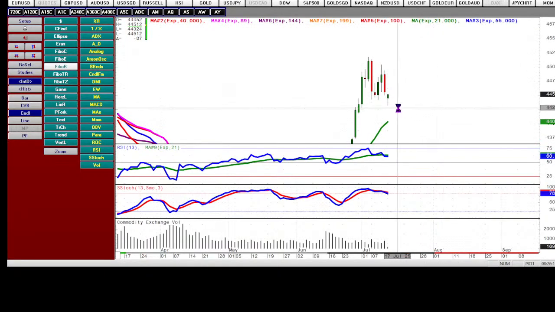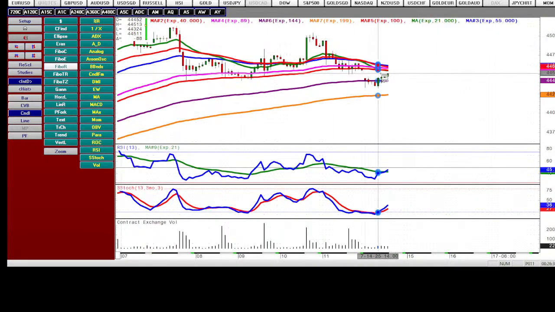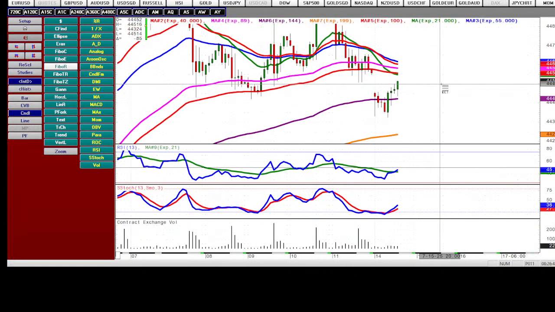So now let's see what is the status of the Dow. The Dow is trading below the previous day low, which is 44510, and as far as this hourly is concerned, it is showing some strength, which indicates that this market is either we have seen the low or we might get a strong pullback.